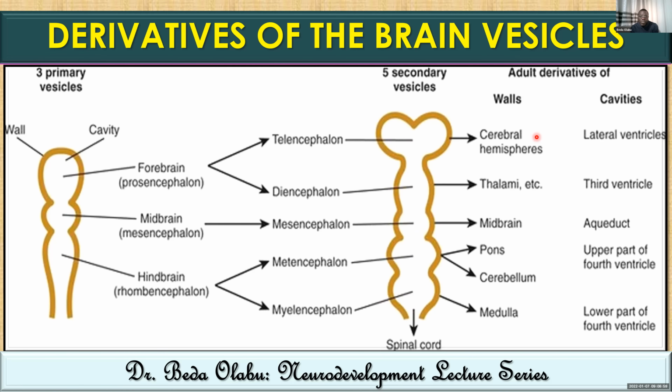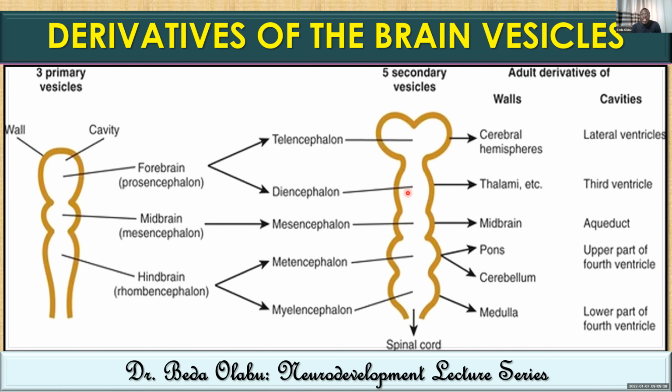We also have the basal ganglia, and limbic structures are also there. Those are telencephalic derivatives. The cavity gives you the lateral ventricle with all its parts, the anterior horn, the body, the posterior horn, the inferior horn, as well as the atrium of the lateral ventricle. They all come from the cavity of telencephalon.